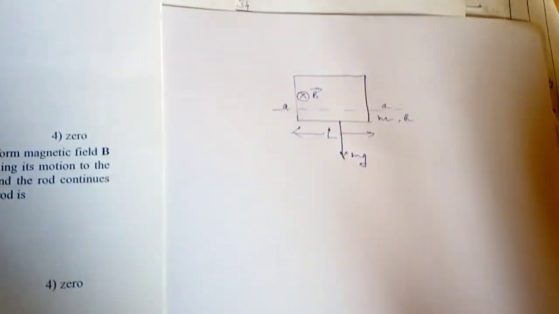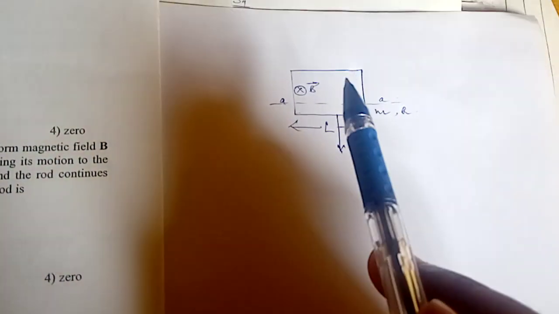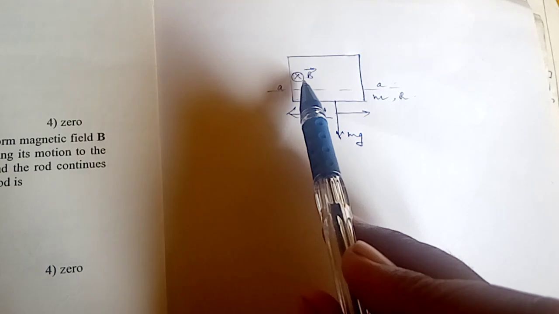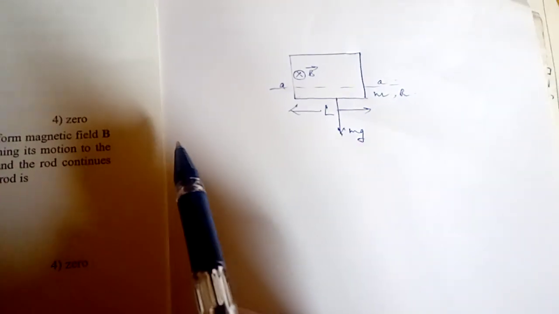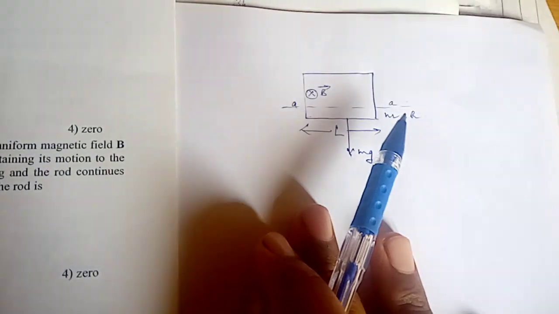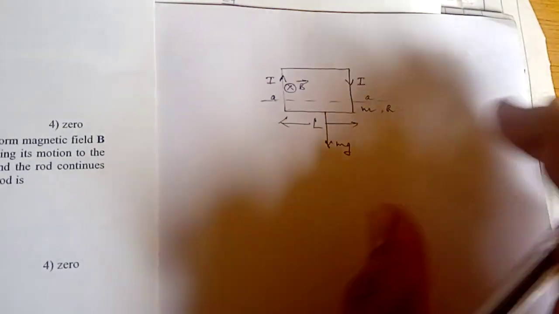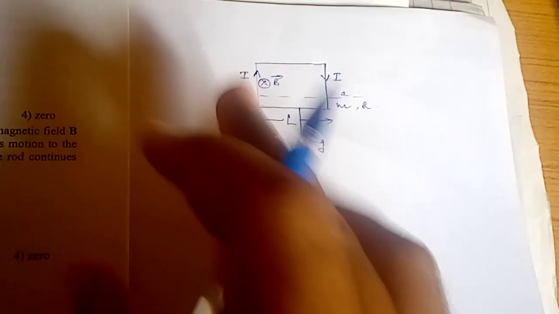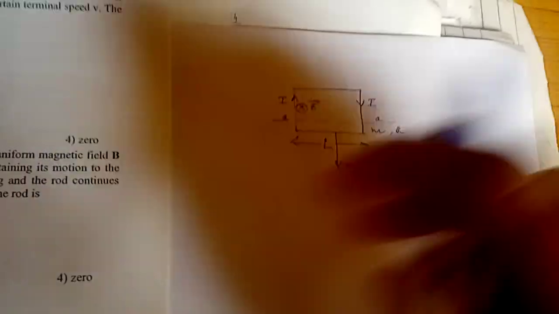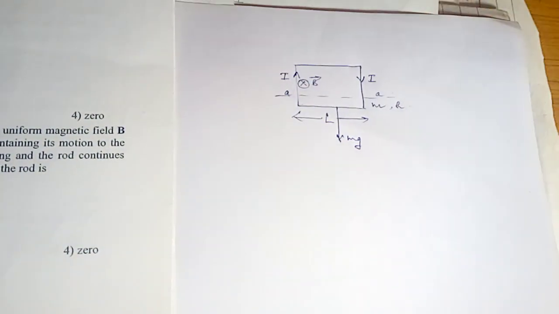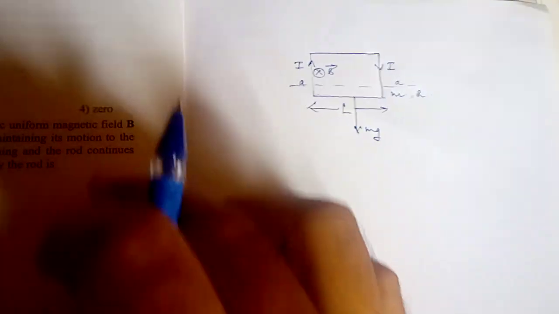In other words, the current should be induced in such a way that it supports the external magnetic field B. So to support the external magnetic field, the current should be induced in this direction, in a clockwise direction, so that the field due to this current is into the page.